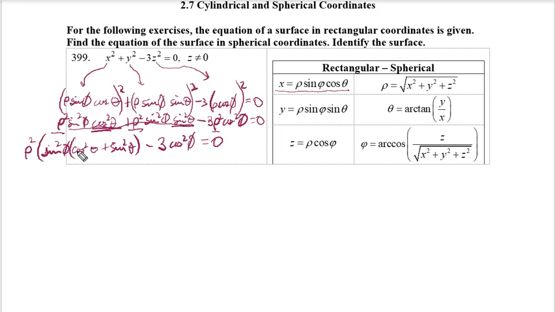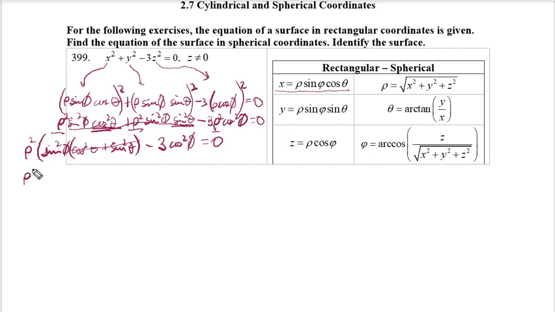We can replace the cosine squared theta plus sine squared theta with a 1. So we end up with rho squared times the sine squared phi minus 3 cosine squared phi equals 0.